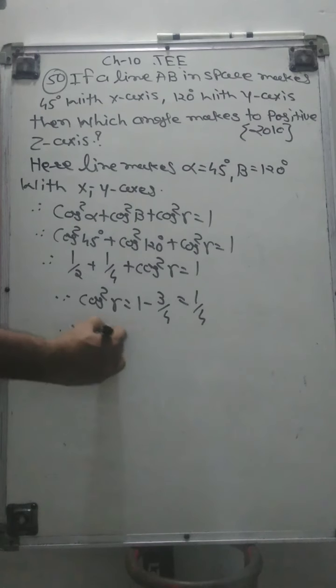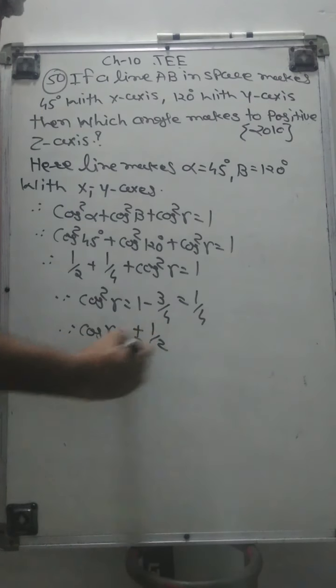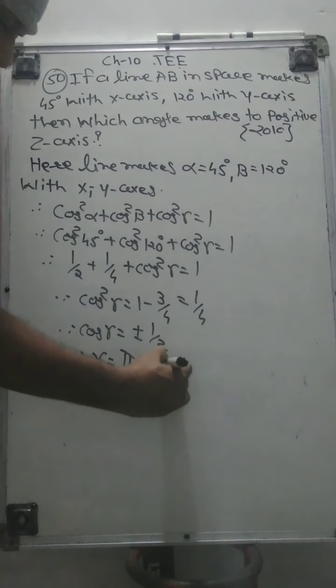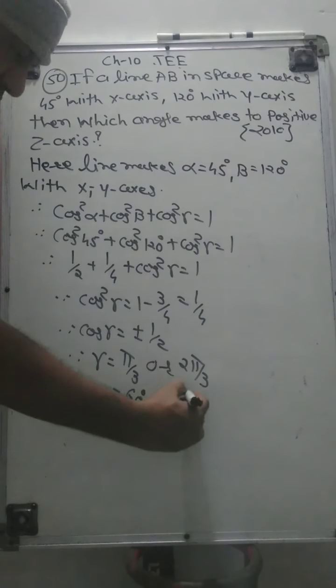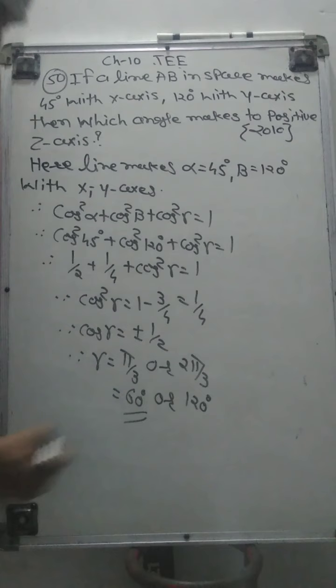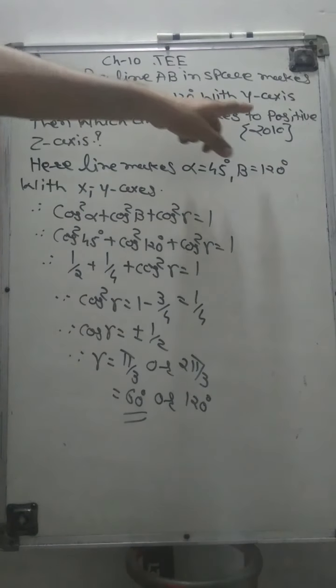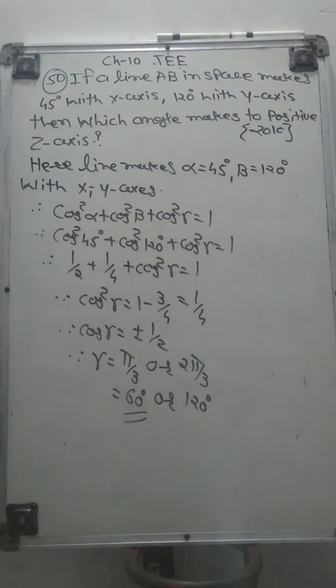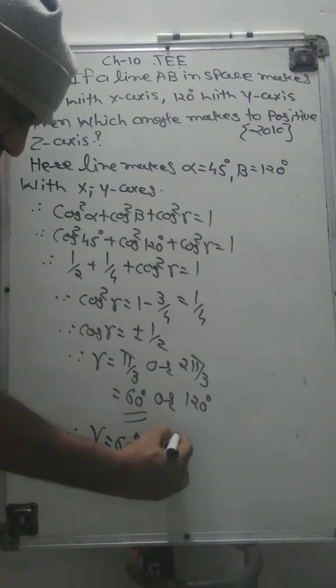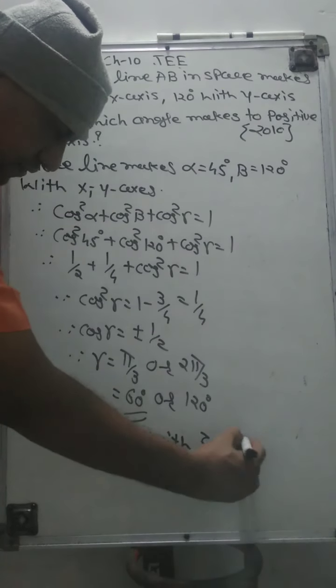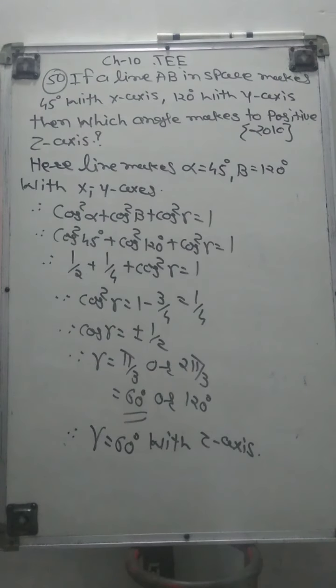So cos gamma is either plus or minus 1 by 2. Therefore gamma is either pi by 3 or 2 pi by 3, means 60 degree or 120 degree. But when we take the positive z-axis, then 60 degree is our answer. Therefore our final answer is 60 degree, means the line makes 60 degree with the positive z-axis.